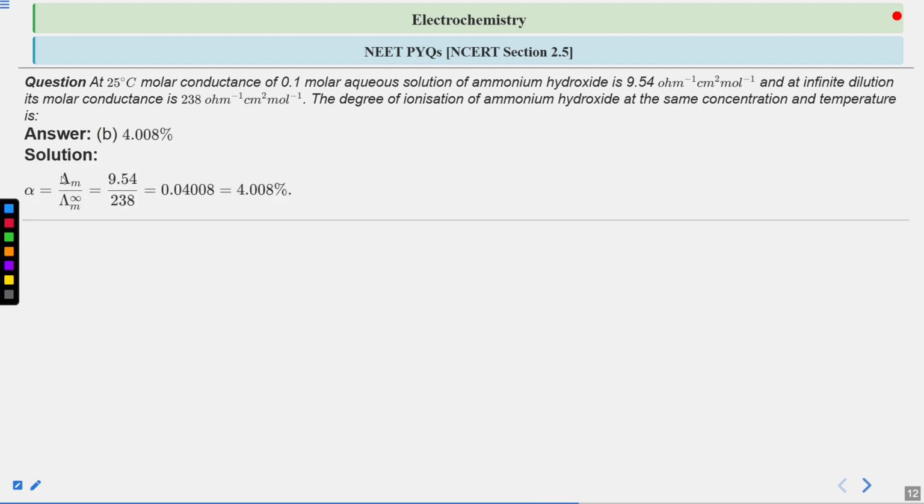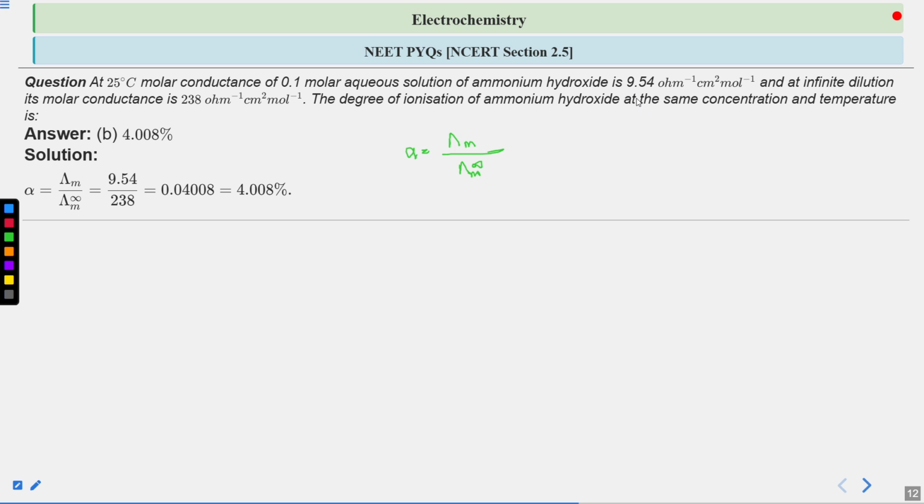So as you know, the degree of dissociation is defined as lambda m divided by lambda infinity m. We just discussed that alpha is defined as the molar conductivity divided by the limiting molar conductivity, or you can say molar conductivity at infinite dilution, right? Both the values are given.